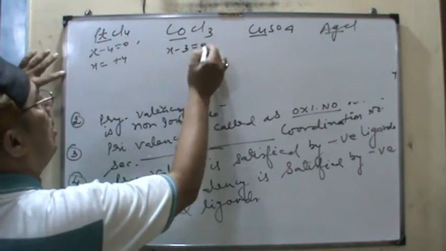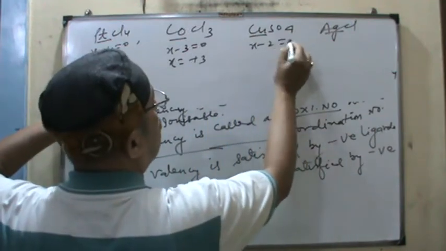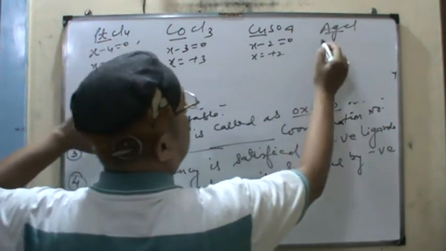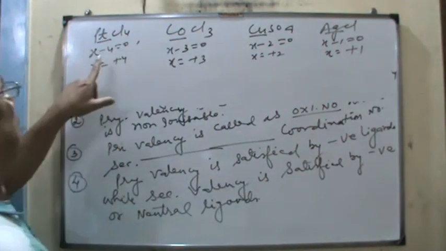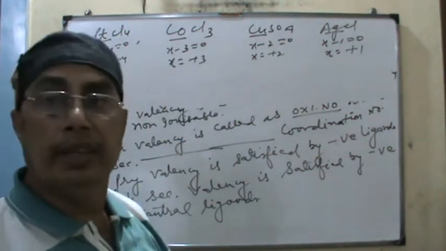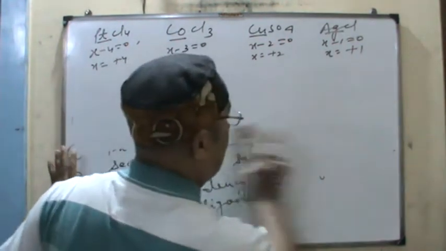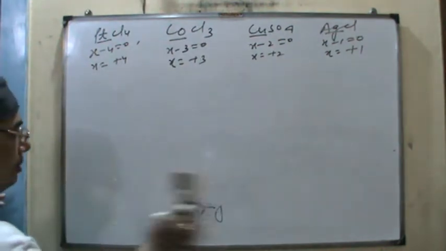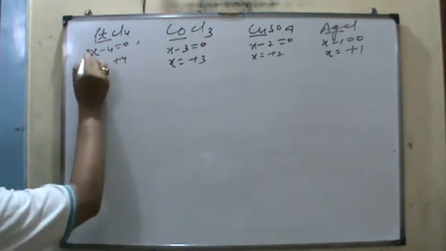X minus 3 equal to 0, x is equal to plus 3. X minus 2 equal to 0, x is equal to plus 2. X minus 1 equal to 0, x is equal to plus 1. Right, so these are the primary valency. What about the secondary valency? That can be satisfied by the negative, neutral or even cationic ligand.